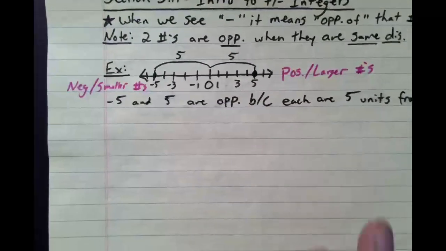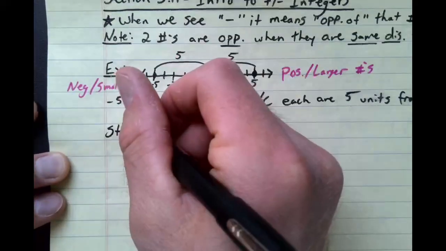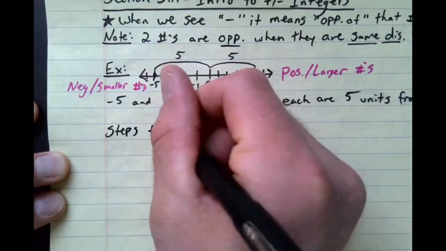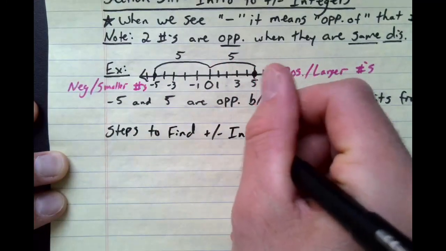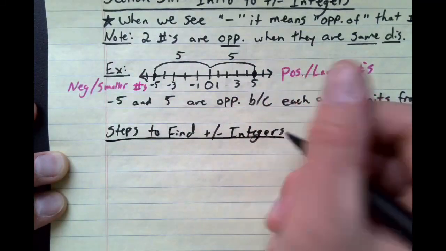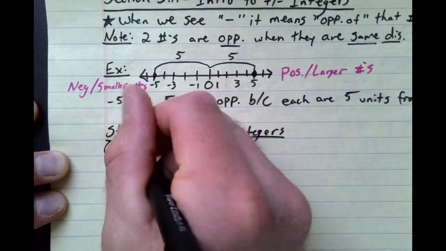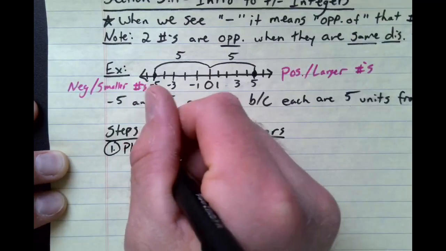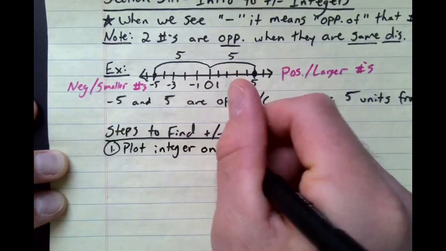So when you're looking at integers, there are 3 simple steps to find positive and negative integers. Okay? There are 3 simple steps. Step 1 is to plot integer on a number line.